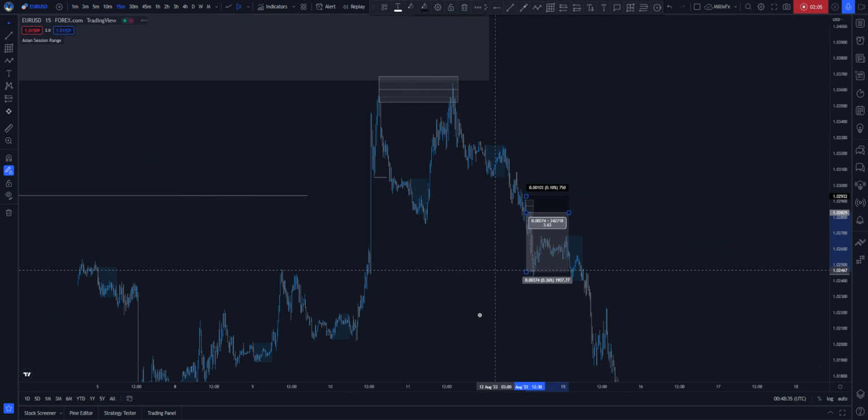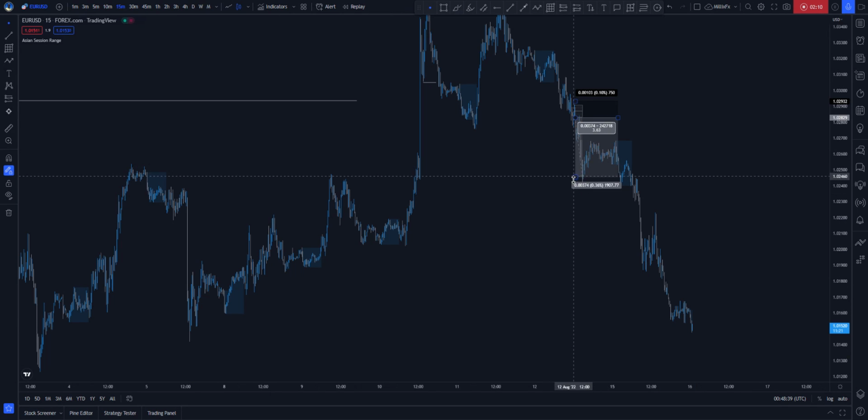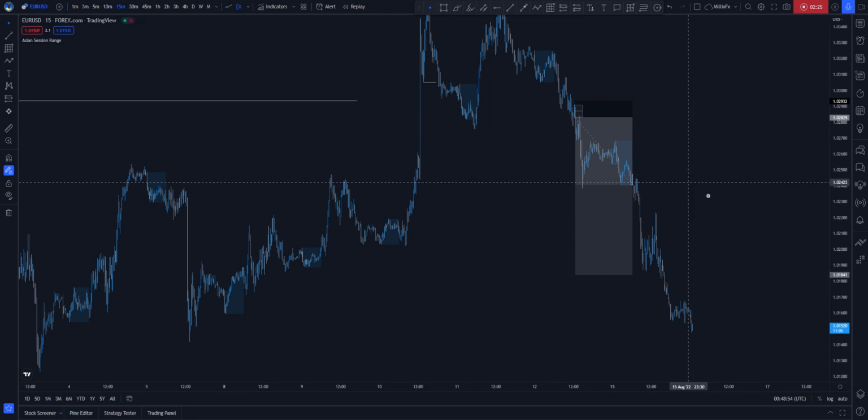My target was essentially on the lower area of this other block right here, but I didn't actually put my TP. So I ended up taking my target around here, right? So this particular low here. I ended up hitting 9% on this particular trade.